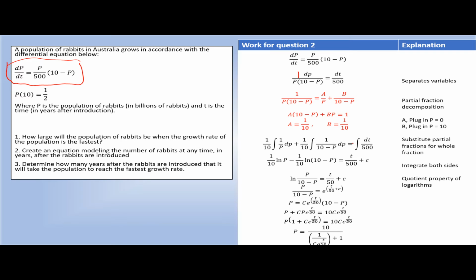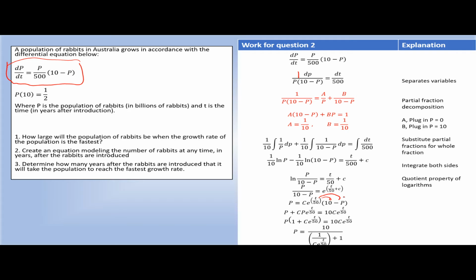Okay, cool. So, from this step then, I'm going to multiply everything by 10 in order to get rid of our fractions. When I multiply the c by 10, that stays c. I can raise both sides to a base of e. I can multiply e to the t over 50 times e to the c power, which is the same thing as c e to the t over 50. Then I'll multiply both sides by 10 minus p in order to get p equals c e to the t over 50 times 10 minus p. I'll distribute c e to the t over 50 into both terms.